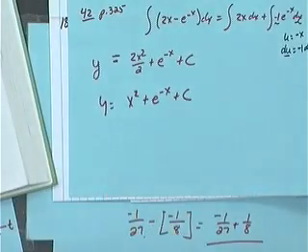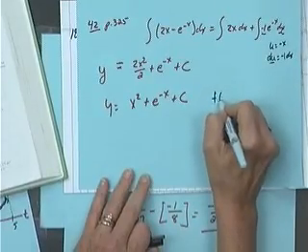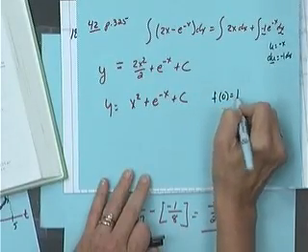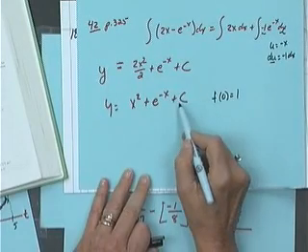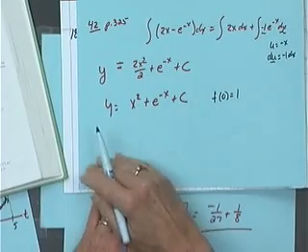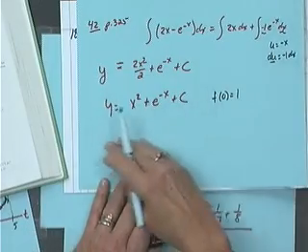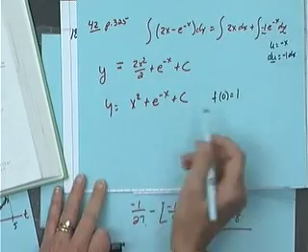So I found all functions, but this said I'm only interested, however, in the one that says when x is 0, y is 1. How's that going to help me here? All right, it's going to let me find c, right? Instead of thousands or 100,000 solutions, I want the one that actually goes through this point.